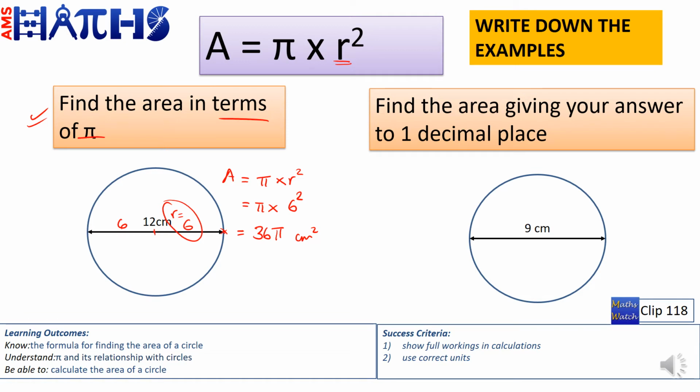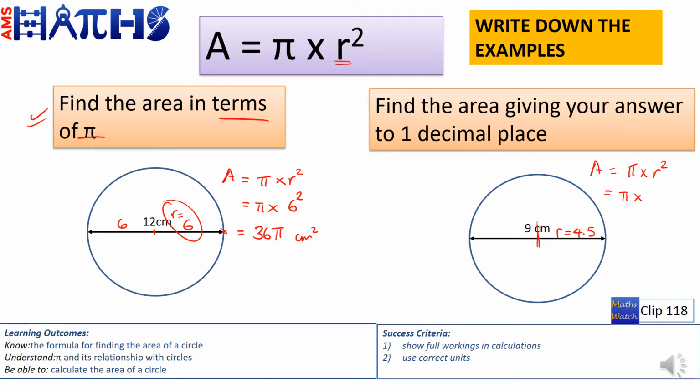Okay, let's look at our next question. We need to find the area, but this time give our answer to one decimal place. So write our formula, area equals pi times the radius squared. Okay, so pi times, they've given us the diameter again, so we therefore need to find the radius, which is half of the diameter, which is in this case 4.5.